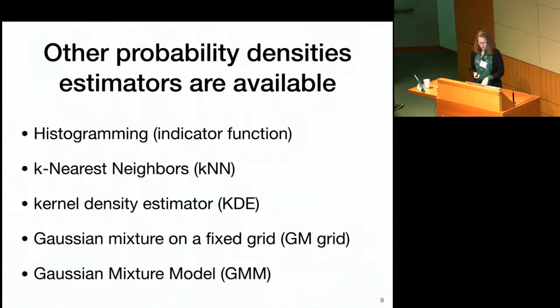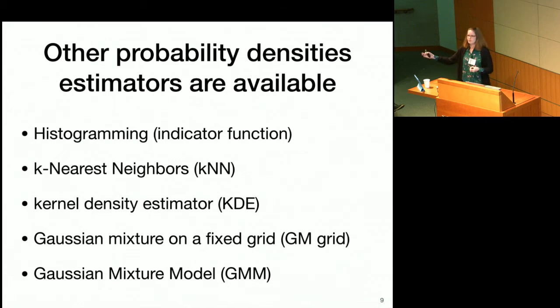So we thought that we would look into other probability density estimators, since they are available and widely used in other domains of science, actually. So I mentioned histogramming before, and traditionally, Gaussian-based methods, these three listed here, kernel density estimator, Gaussian mixtures on a fixed grid, and Gaussian mixture models are used, and also k-nearest neighbors, which basically estimates the density from the inverse distance to the k-nearest neighbor.